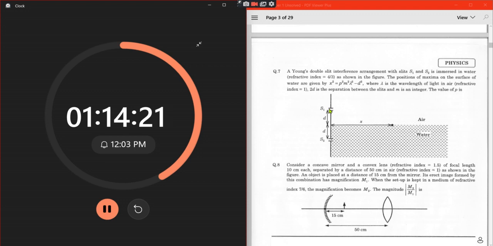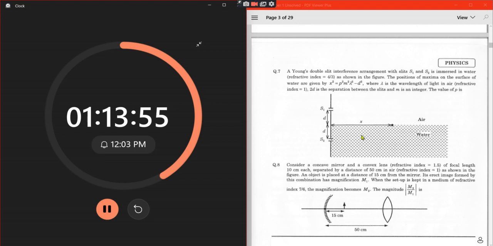Position of maxima on the surface of water are given by x square is equal to this thing. Oh, understood. Wavelength of light in air, 2D is the separation between the slits and m is an integer. Okay, so that's when the maxima occurs, when x is this thing.